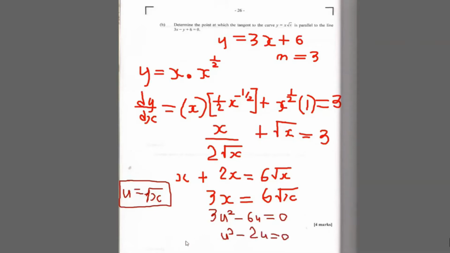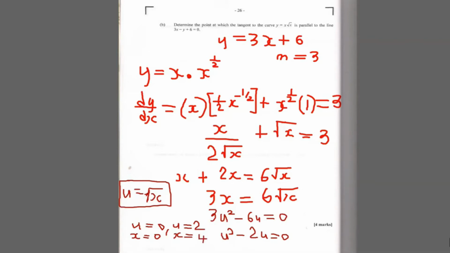And so you're getting that u is equal to 0, or u is equal to 2. If u is equal to 0, then that means that u is root x, and so x equals 0. Nice. Over here now, if u equals 2, to get x, you square both sides, and so x would be 4.